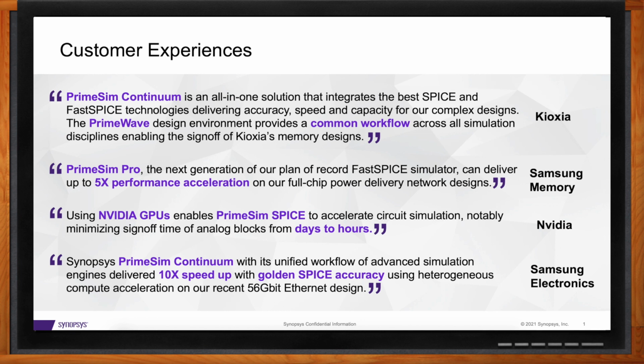These early adopters have seen 5x better performance with FastSPICE, as reported, for example, by Samsung Memory, and 10x speedup in SPICE using heterogeneous compute acceleration with the CPU and the GPU, as reported by NVIDIA and Samsung Foundry. Of course, the most important thing about the Continuum is the ability to run the different simulators for the different applications and to do that in a unified use model.